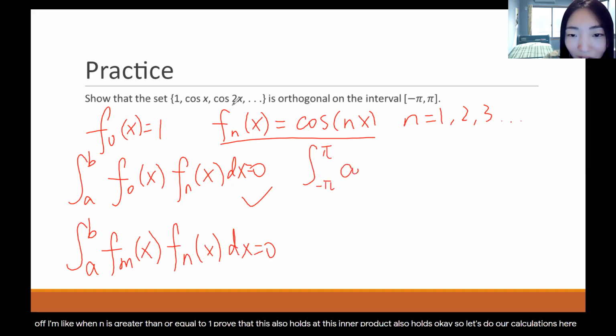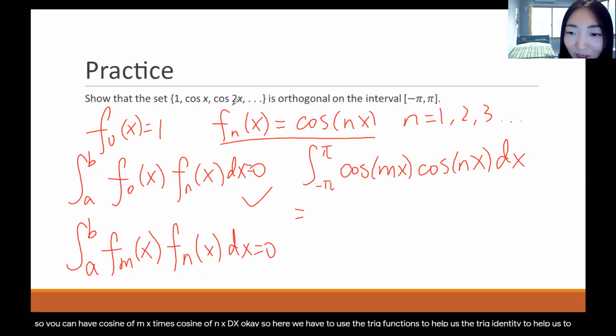You have cosine of mx times cosine of nx dx. Here we have to use a trig identity to help us make the integrand inside of the integral easier to integrate.